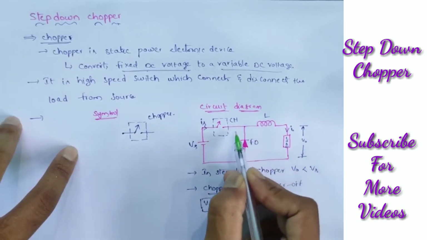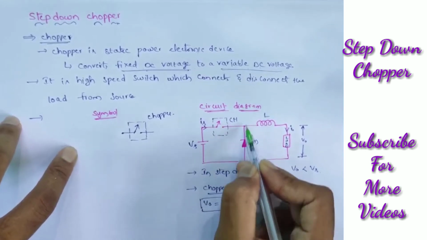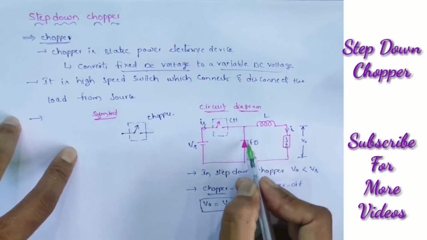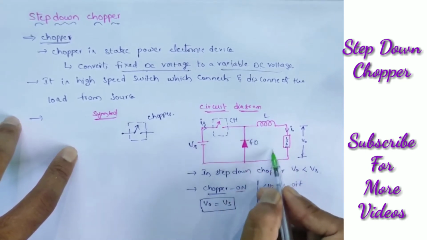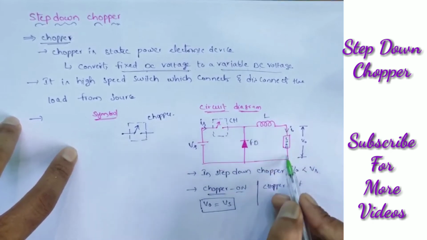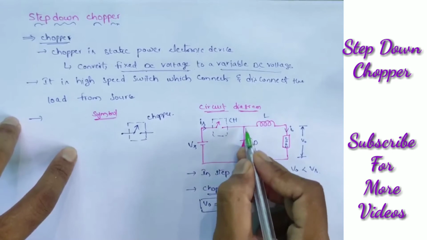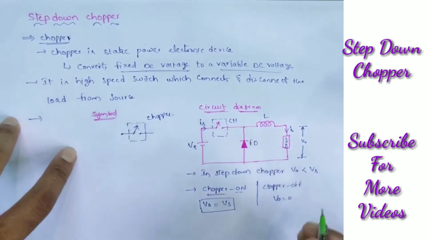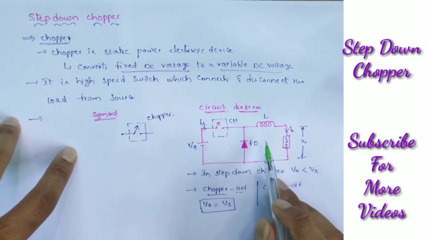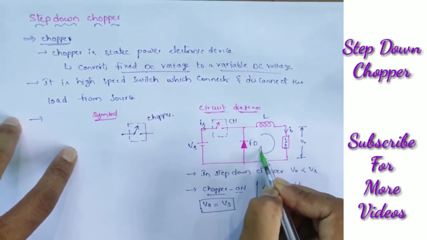During the chopper off state, this freewheeling diode is short circuited because the energy is released. So here the output voltage is equal to 0 because the freewheeling diode is short circuited. Then the current I naught is flowing like this.